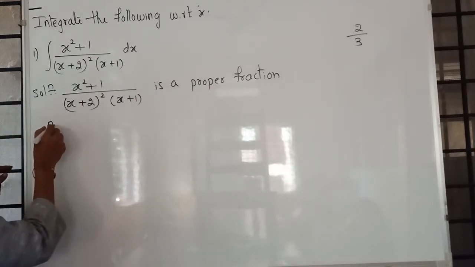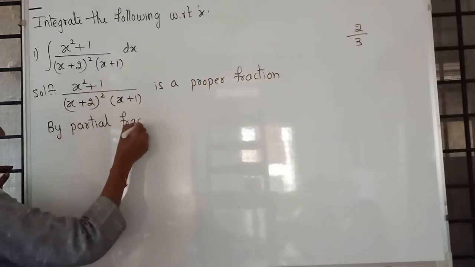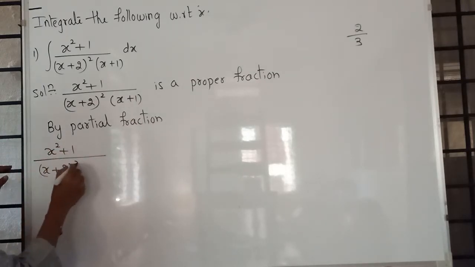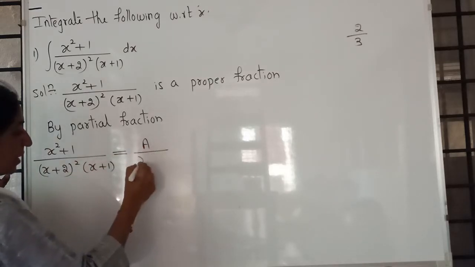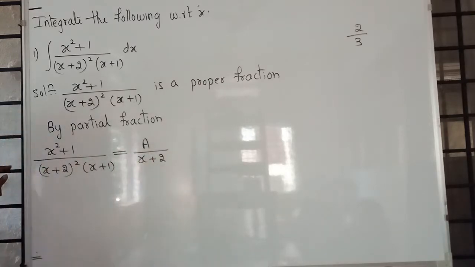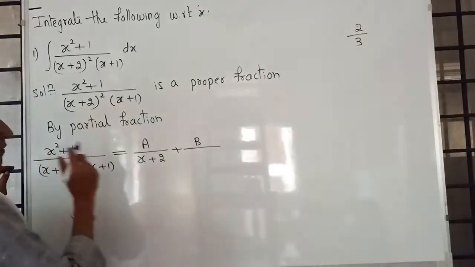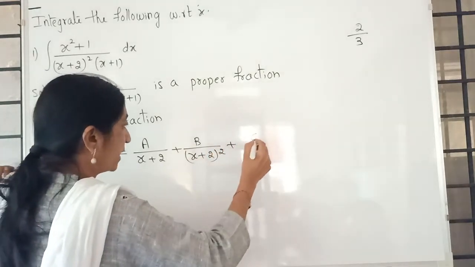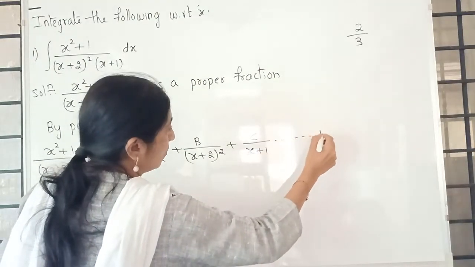So by partial fraction, how do you split? x square plus 1 divided by (x plus 2) whole square into (x plus 1) is equal to A upon x plus 2, the term without power we have to write, plus B upon (x plus 2) whole square, we have to write with power, plus the next term, C upon x plus 1. Let us call this equation 1.